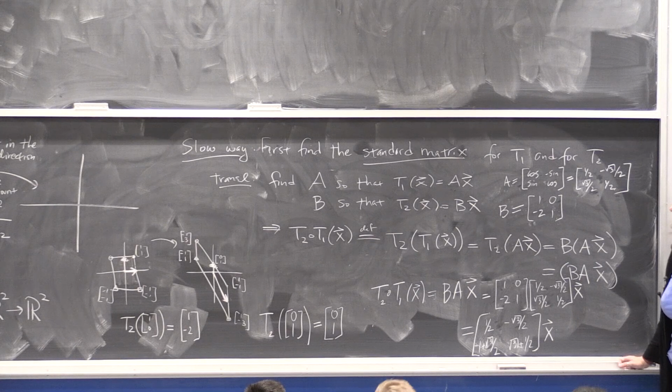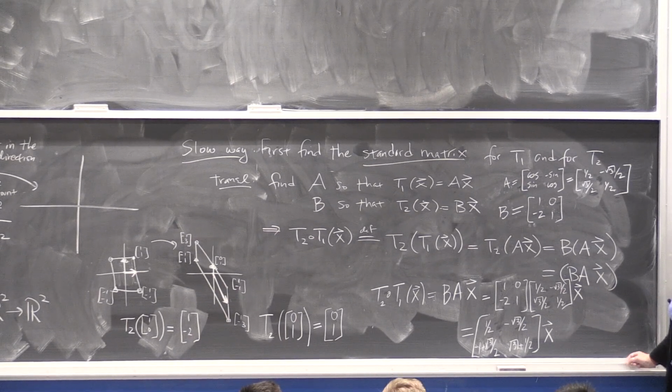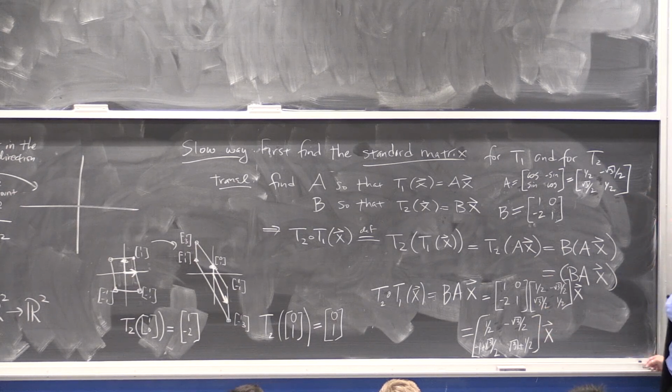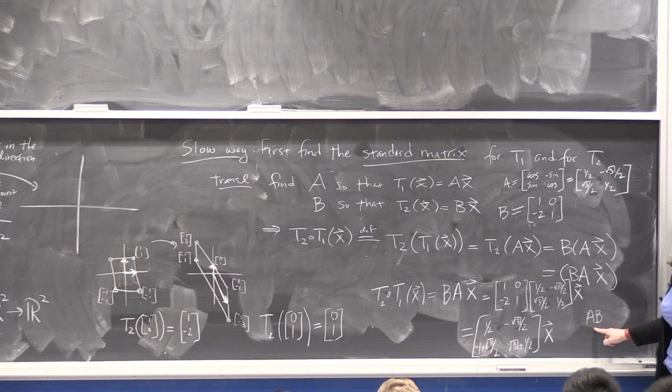Okay. Now, if I had wanted to shear first and then rotate, would I have gotten the same linear transformation? This is the standard matrix for the linear transformation, which is please rotate and then shear. If someone said, is it okay if you shear first and then rotate? To answer that question, what would you compute? You would compute A times B. And if by some miracle B times A equals A times B, then it doesn't matter which order you do it.